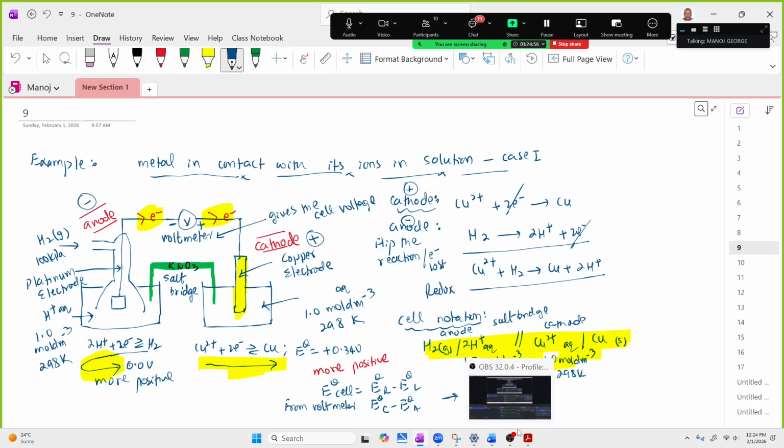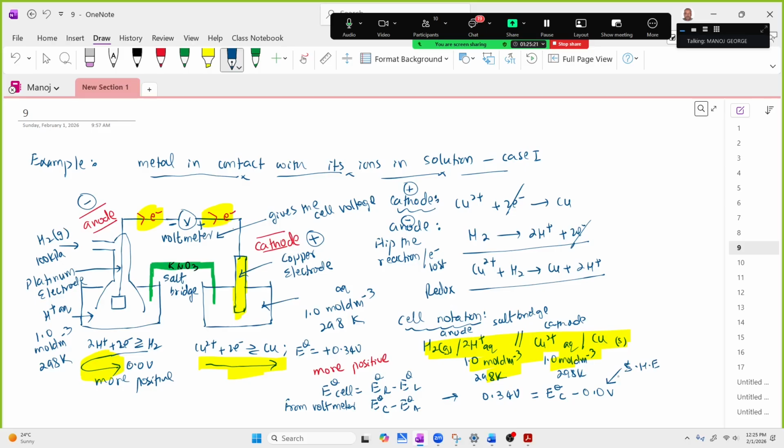That's the cell voltage. Okay, and who's your SHE now? SHE is acting as anode. Because SHE is my anode, correct? So I know this is my unknown half cell, and that is 0.0 V, because this is SHE. Are you guys following me?